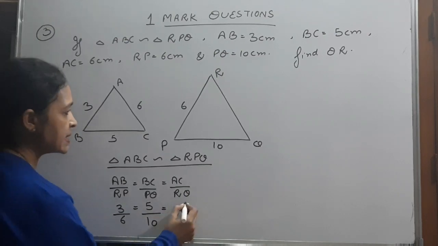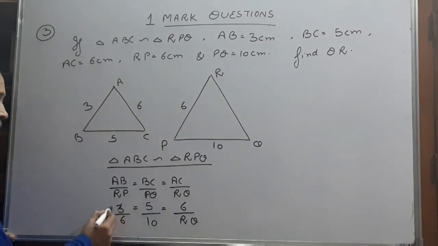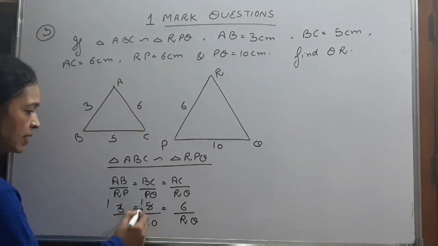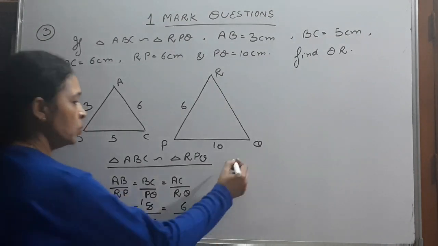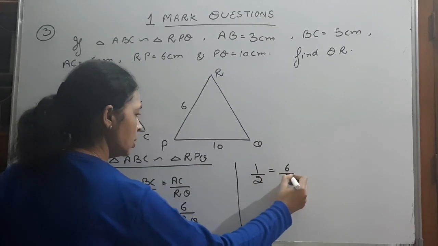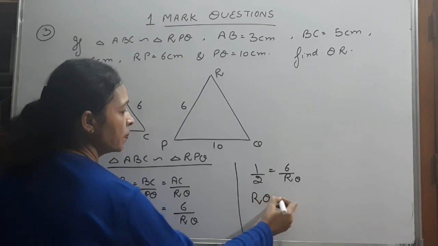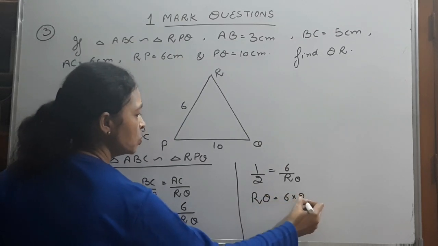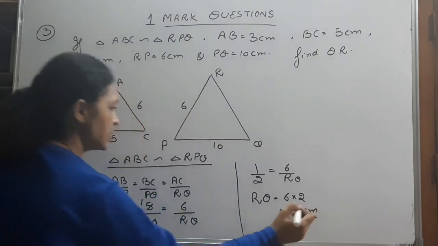What is AC? 6. RQ we have to find. 3 ones are, 3 twos are, 5 ones are, 5 twos are. Both are 1 by 2, 1 by 2. 1 by 2 equals 6 upon RQ. What will be the value of RQ? Cross multiply, 6 into 2, that is RQ is 12 centimeters.